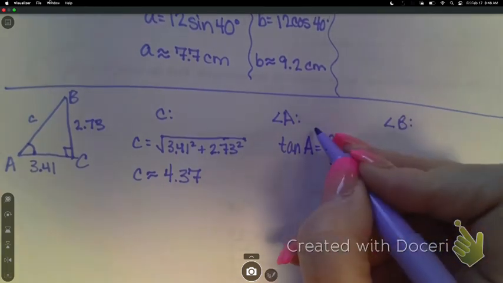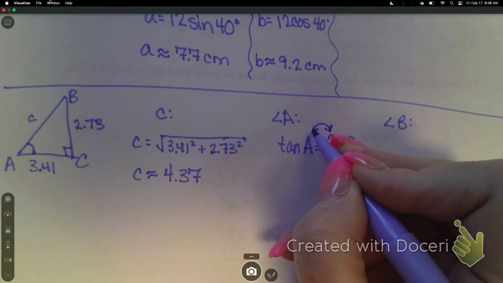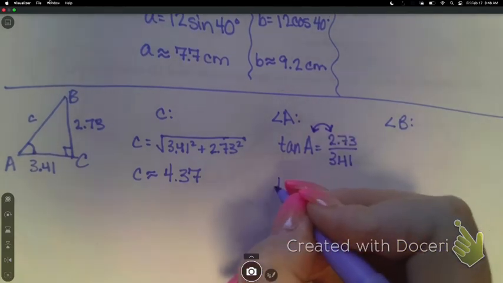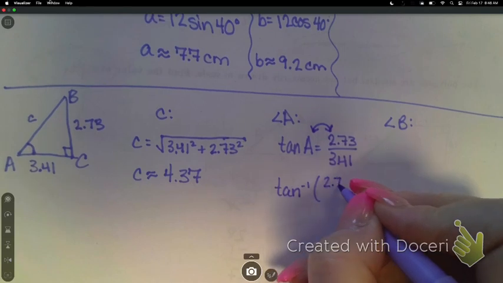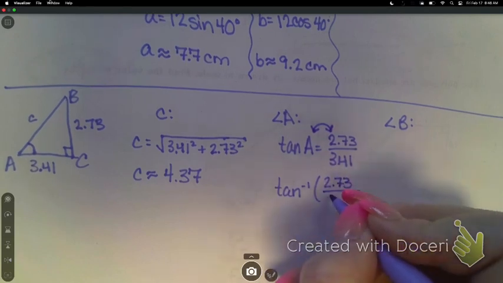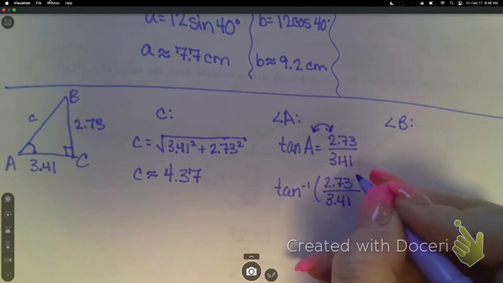Okay, so how do I find an angle? Inverse. So inverse tangent of 2.73 over 3.41.